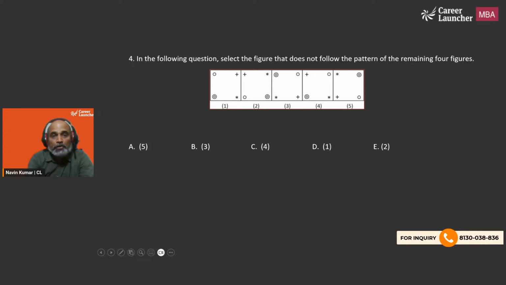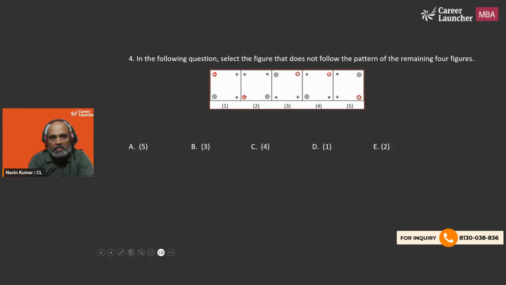Next, in the following question, select the figure that does not follow the pattern of the remaining four figures. So in such questions, what we do is we take a particular symbol. Here we have got four symbols at each of the corners of each square, each shape, and we follow it through. So if I look at this particular circle, then it comes down, and then it goes diagonal, and then it stays there, and then it comes down.